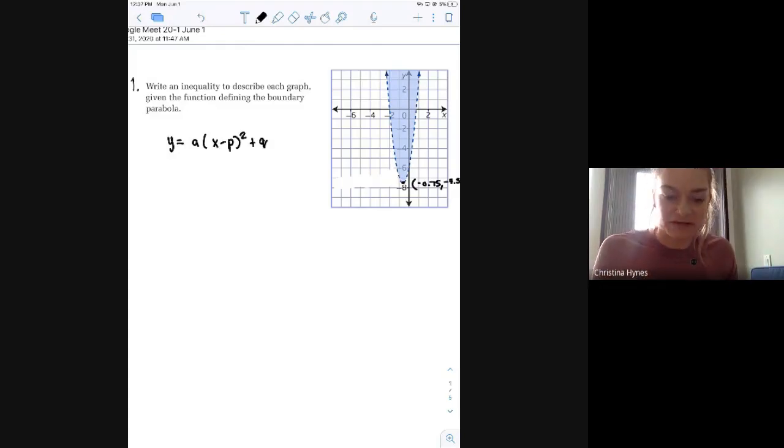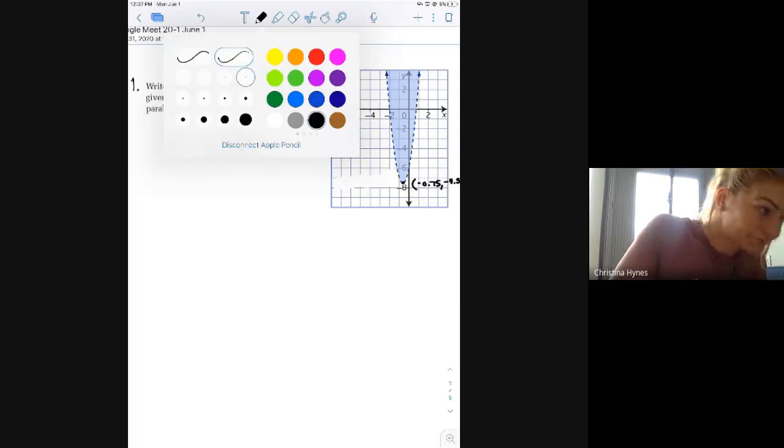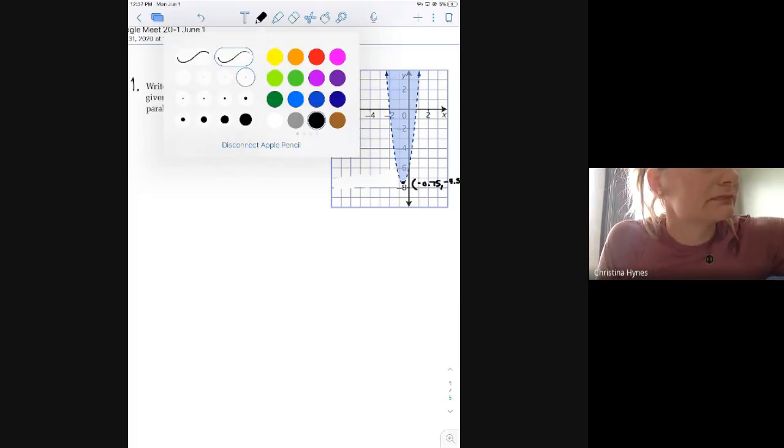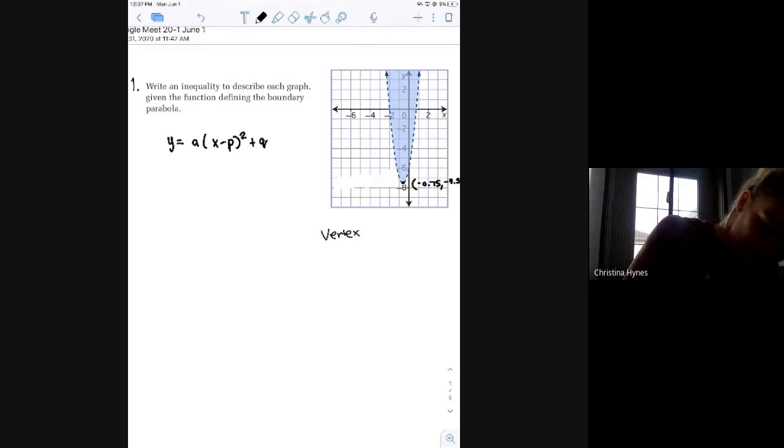So that's the vertex I'm using. My vertex, which is my p and q, is negative 0.75, and my q value is negative 7.5.